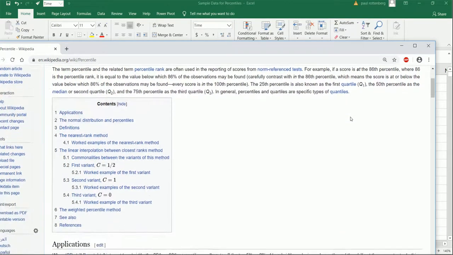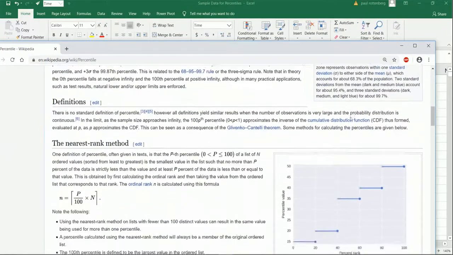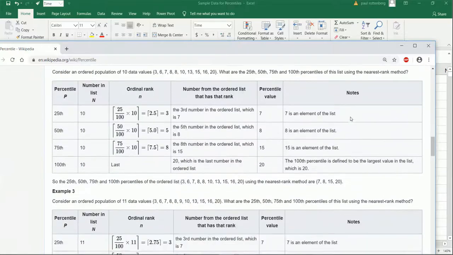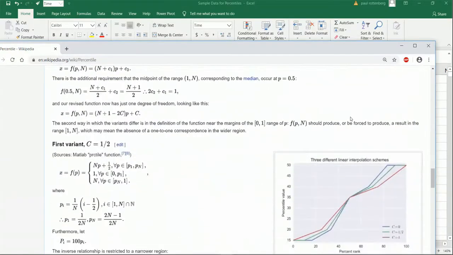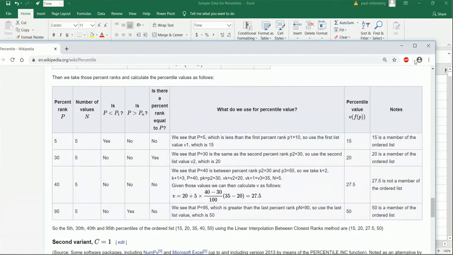If you read down here, you'll find a fairly good explanation of different ways of calculating percentiles. And in fact, this Wikipedia article identifies 8 different methods for calculating percentiles.